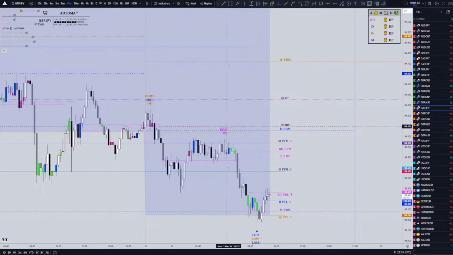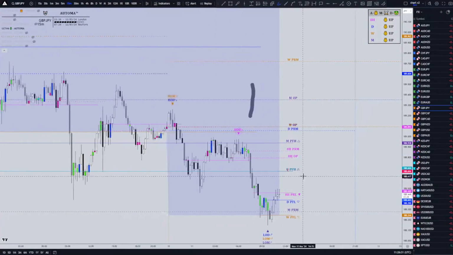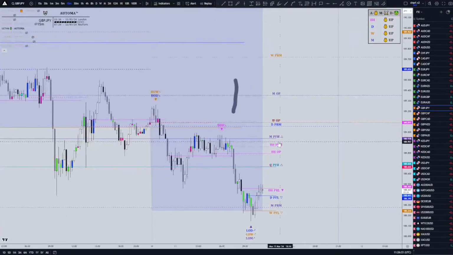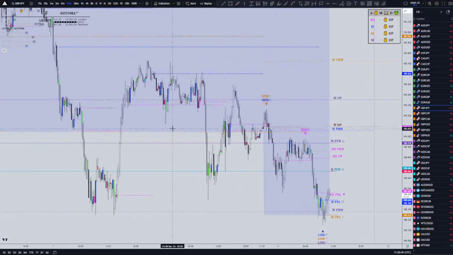So we come into London, we have the high of the 8, respecting the high of the day, which is the previous 8 hour, and we are at a failed market, sorry, peak formation high on the monthly. So what does it mean?